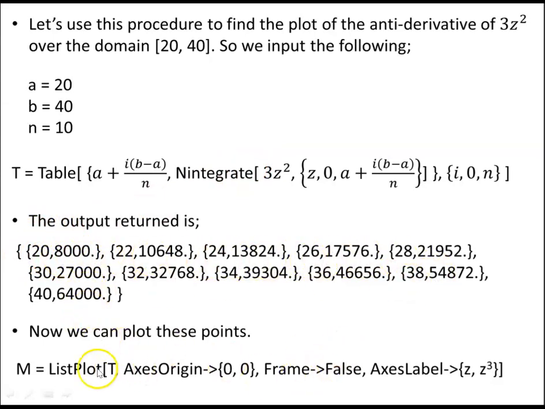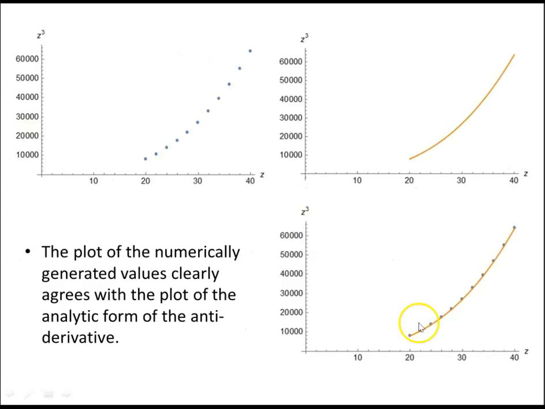And then we can plot those. I'll show you that plot now. The variable z here. So here's the list plot of the points obtained through numerical integration. We've obtained the points that lie on the antiderivative of 3z squared. Now, the antiderivative of 3z squared is z cubed.